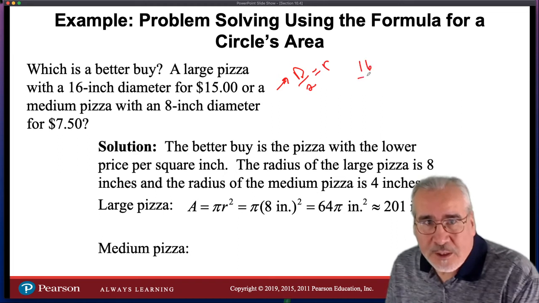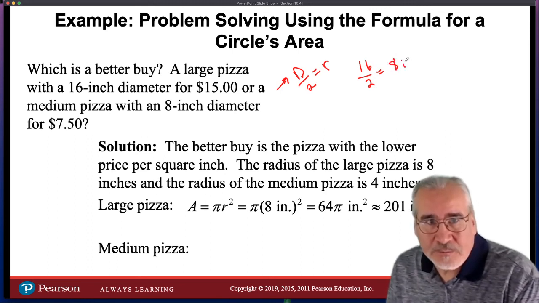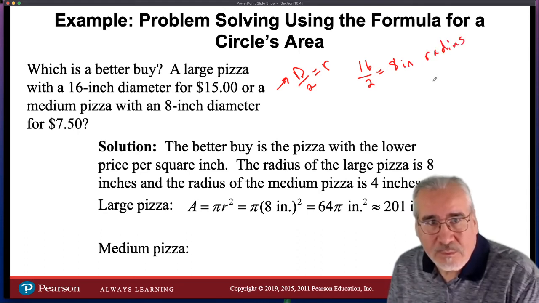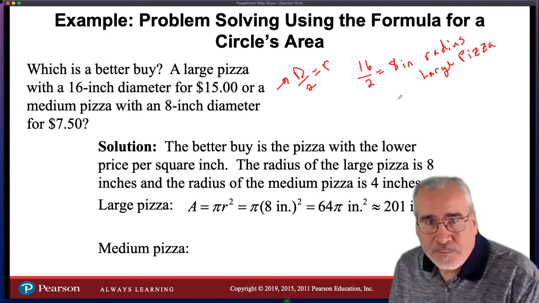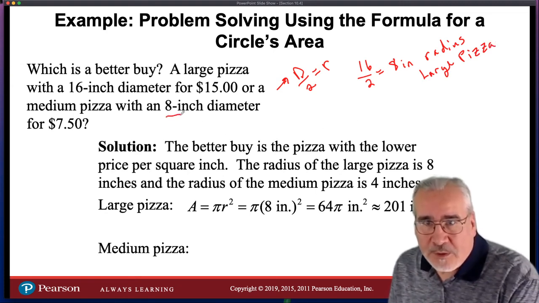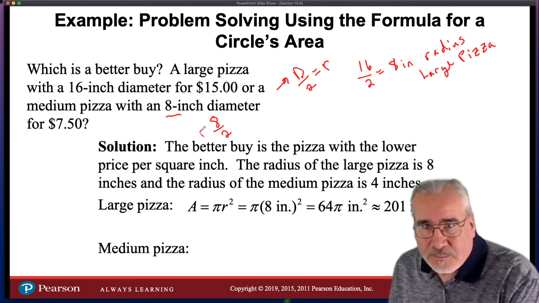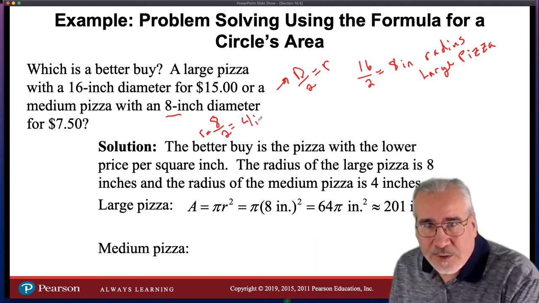So we took 16 divided by 2 and get that the radius of the large pizza is 8 inches. And we'll do the same thing for the smaller pizza: 8 divided by 2, which is 4 inches, the radius of the medium pizza.